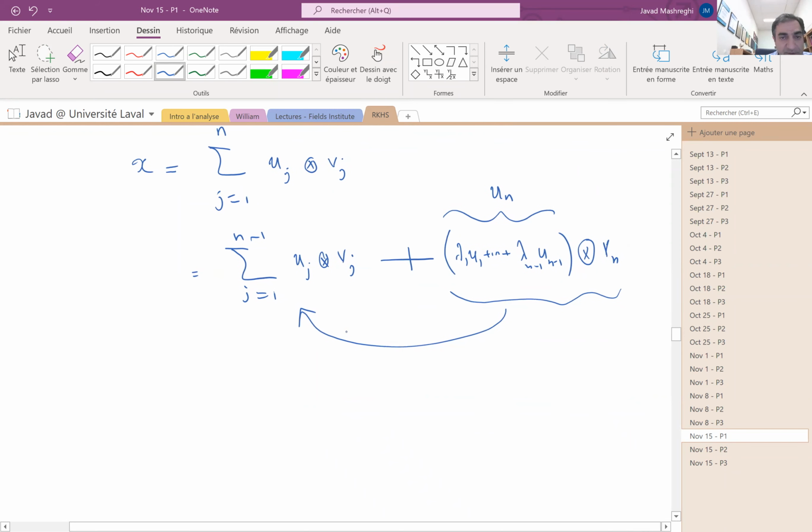That is not difficult, because we can write the sum j from 1 up to n minus 1 of uj tensor vj, and this one we can expand and write the sum j from 1 up to n minus 1 of lambda j uj tensor vn.